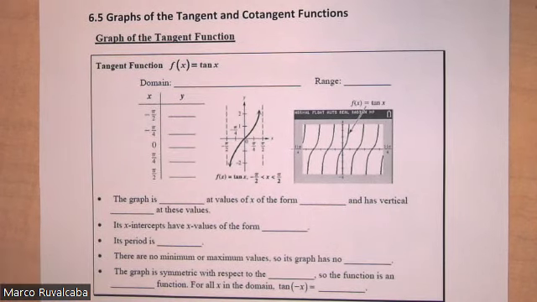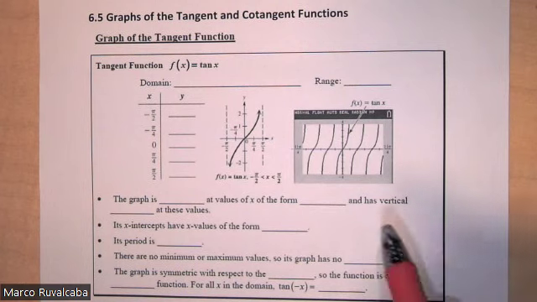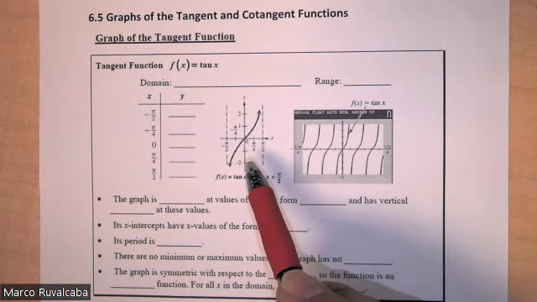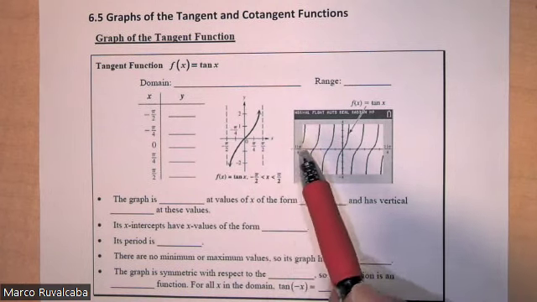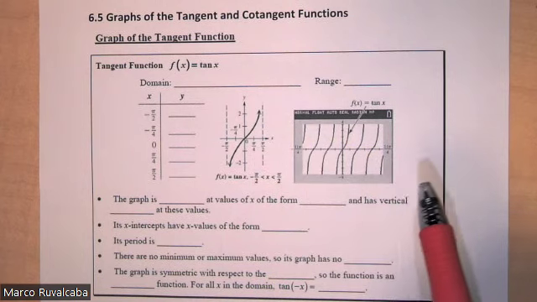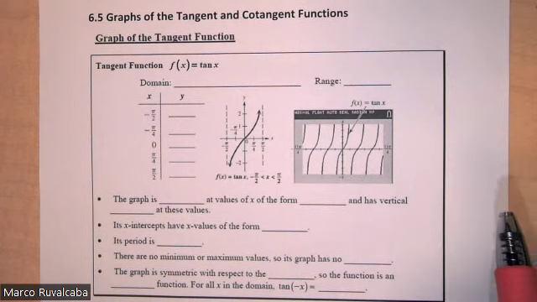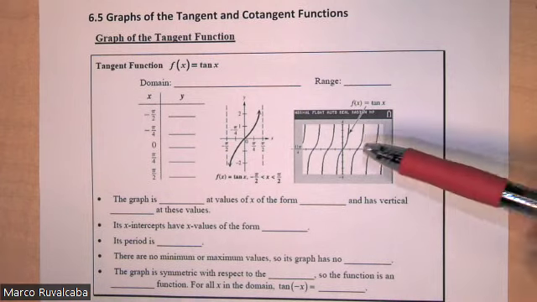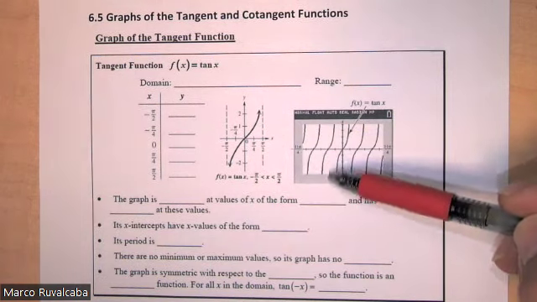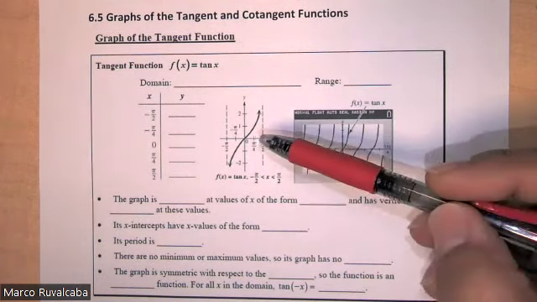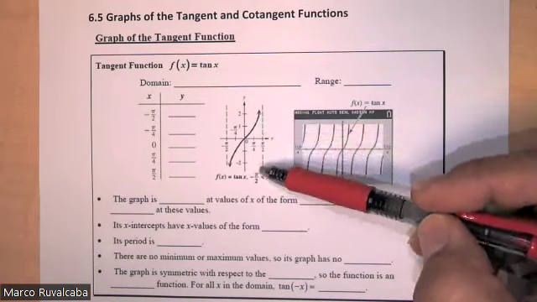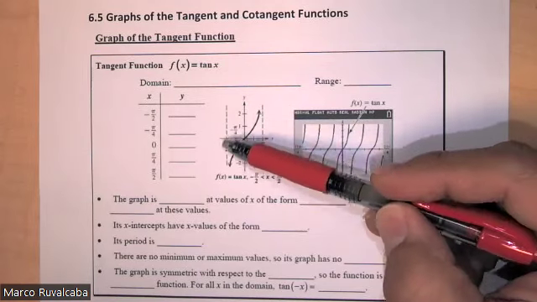The tangent function is what we're going to start with first. And the domain of the tangent function: since tangent is defined as sine over cosine, cosine is the denominator of tangent. So whenever cosine is 0, the value of tangent is undefined. That happens at a bunch of these intervals, and those intervals are drawn by these dashed lines.